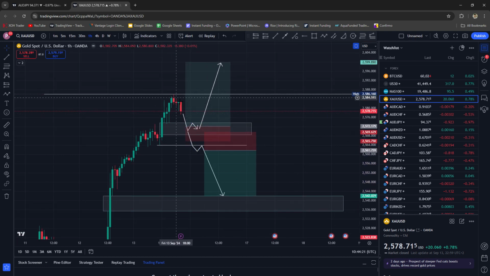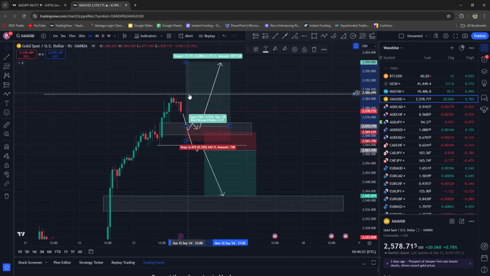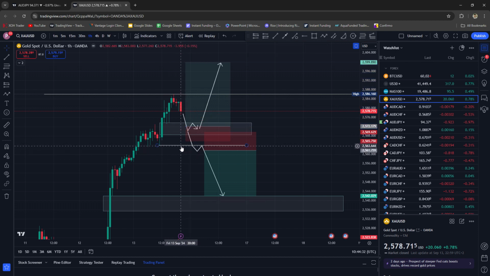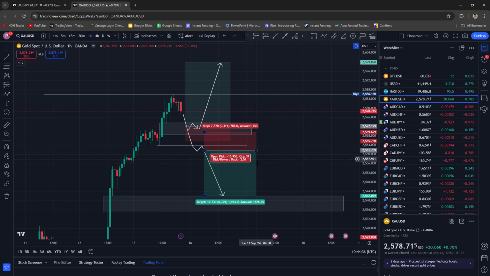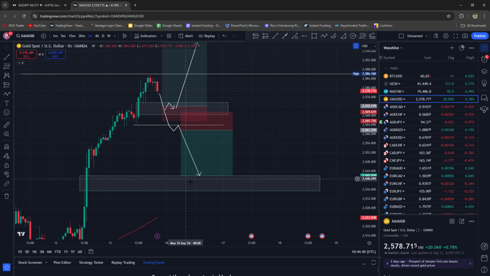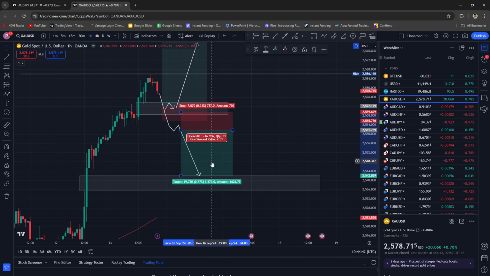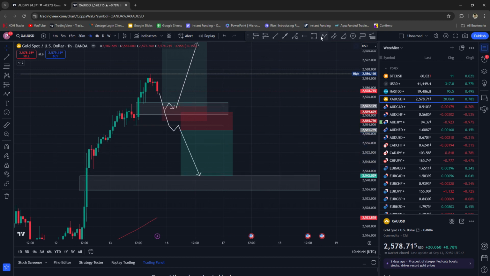So if this first buy trade fails, it will go down to a fair value gap and then break our previous low around here. We'll wait for a retest and confirmations, and then go sell. Once that is a successful trade, we'll wait until this fair value gap is filled.